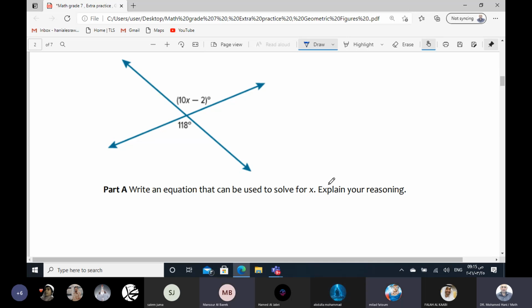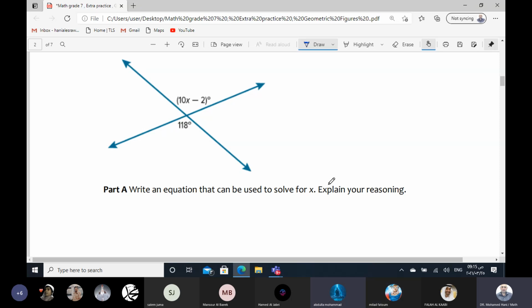So 10x minus 2 equals 180. Okay, Mila. 10x minus 2 plus 18 equals 180. Okay, Abdullah Al-Jabiri. I say 5.